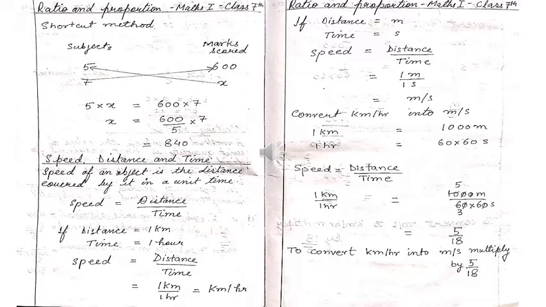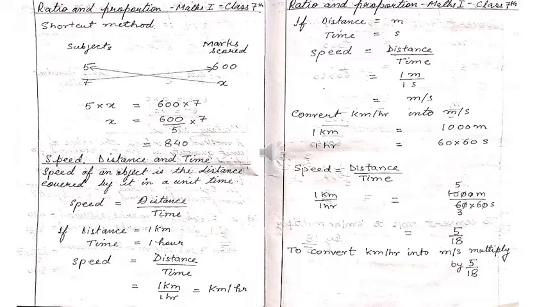Now about speed, distance and time. Speed of an object is the distance covered by it in a unit time. Clear? The formula for speed is distance upon time. The formula for distance is speed into time. The formula for time is distance upon speed.